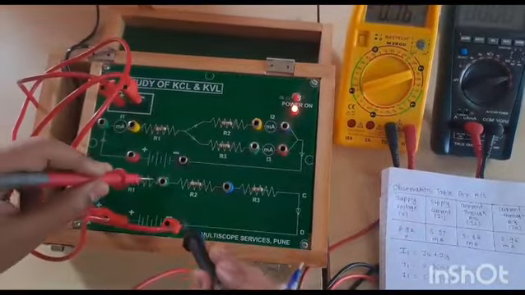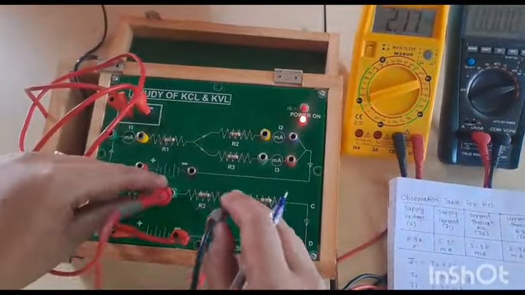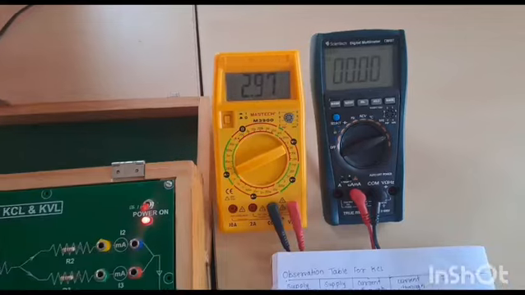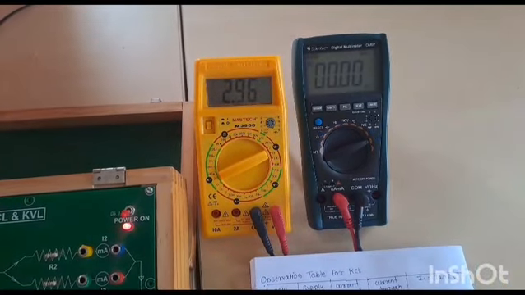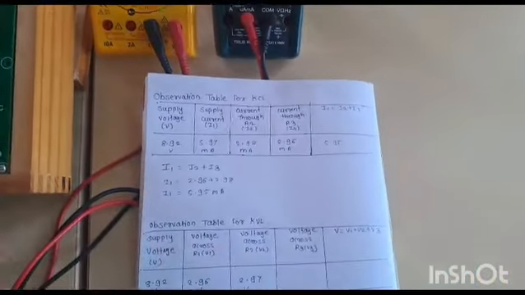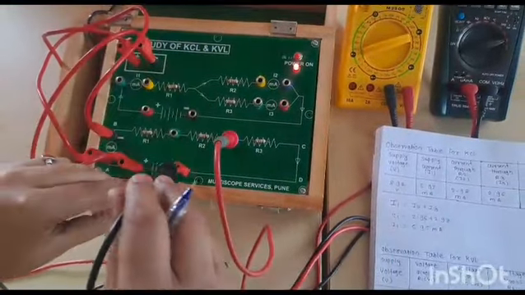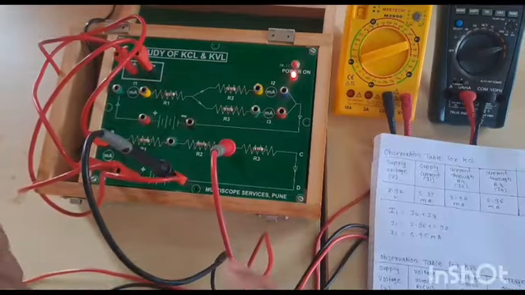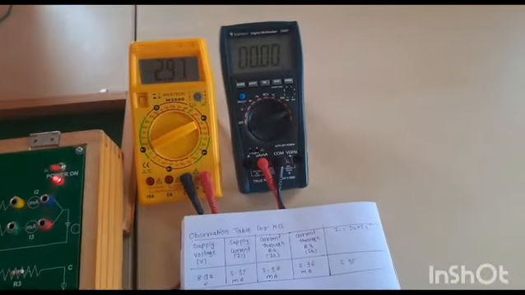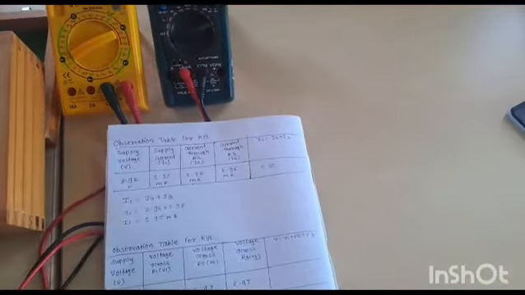Now we measure the voltage drop across R2, which is 2.97 volt. Now we calculate the voltage drop across R3, which is also 2.97 volt.